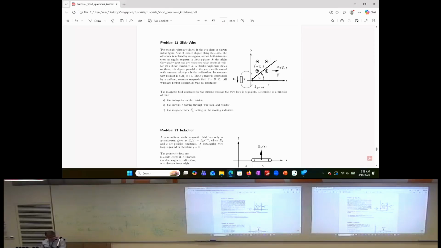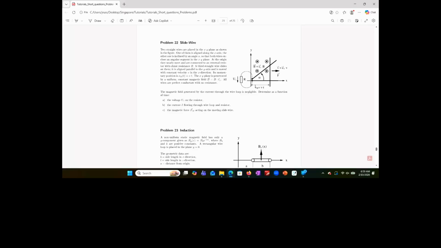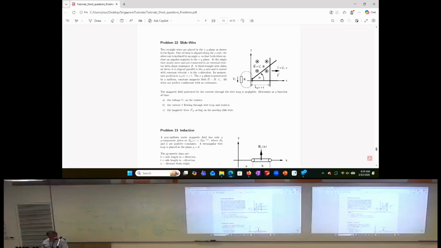The normal vector: if you go counterclockwise, usually, you have the right-hand rule that tells you the orientation of your normal vector. And then you have here B0 times A of t. And this is in the end a motional induction, because the loop is changing.